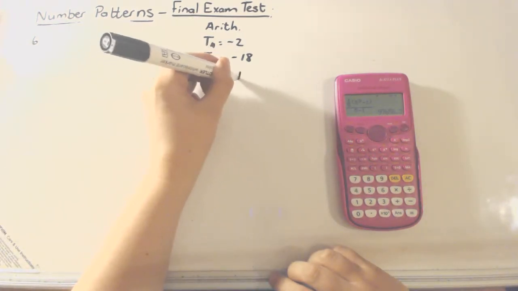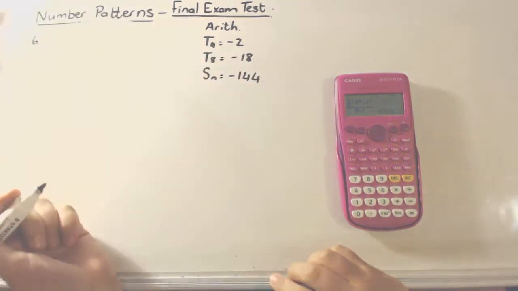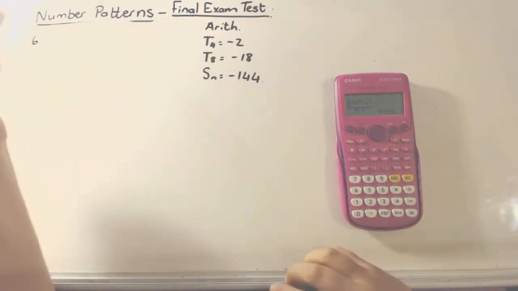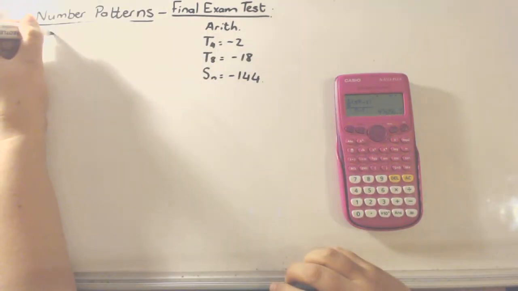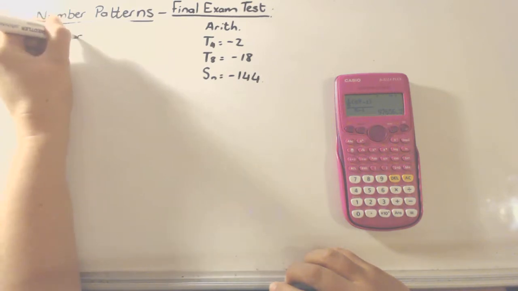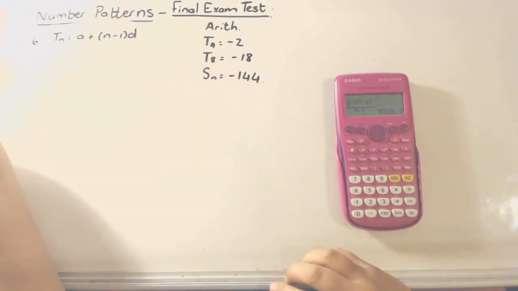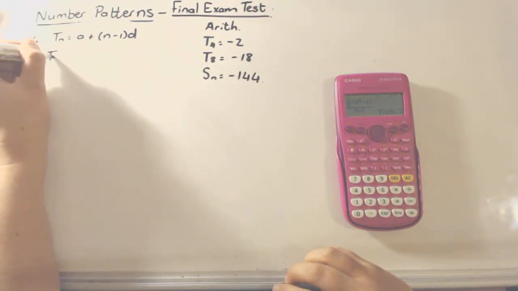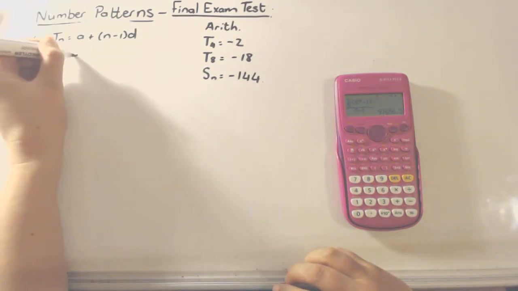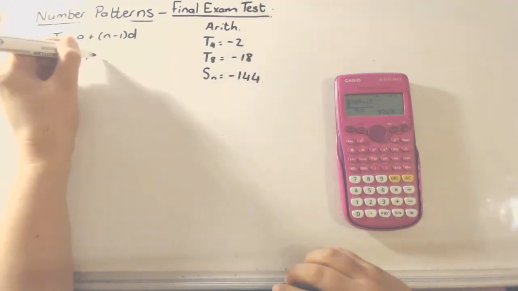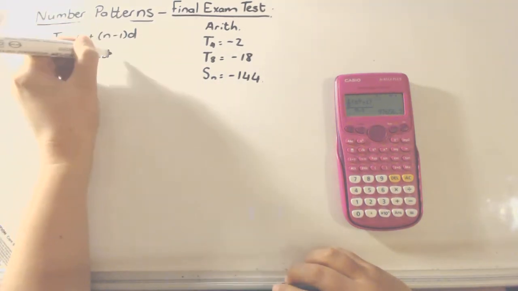is minus 144. Right, so term 4 in an arithmetic series, I've got my general term is a plus n minus 1 d, like that. So my fourth term will be a plus 4 minus 1, so a plus 3d.